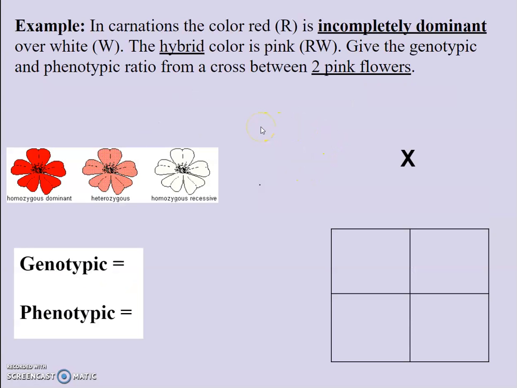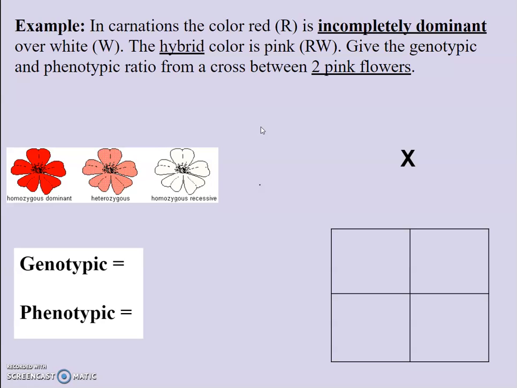Now we're going to look at carnations to practice an incomplete dominance problem. In carnations, the color red is known as incompletely dominant over white. The hybrid color is pink, which is RW. Notice we're not using capital and lowercase letters because both of them are seen as dominant colors.